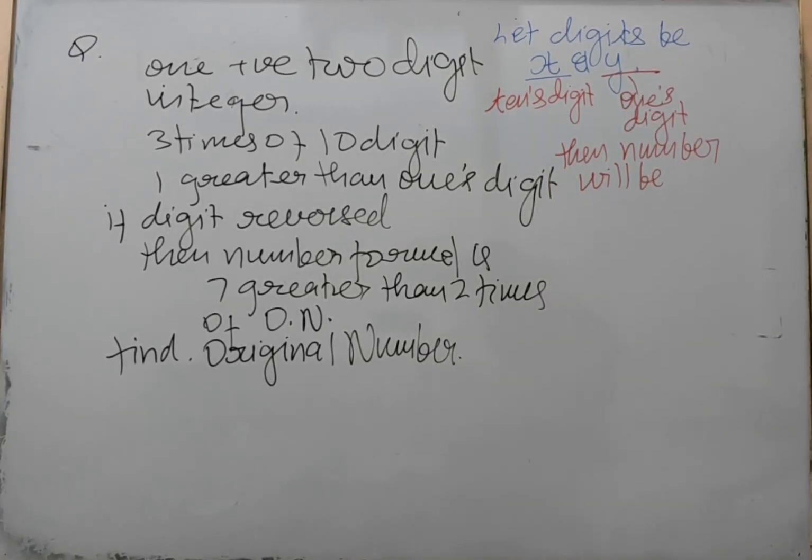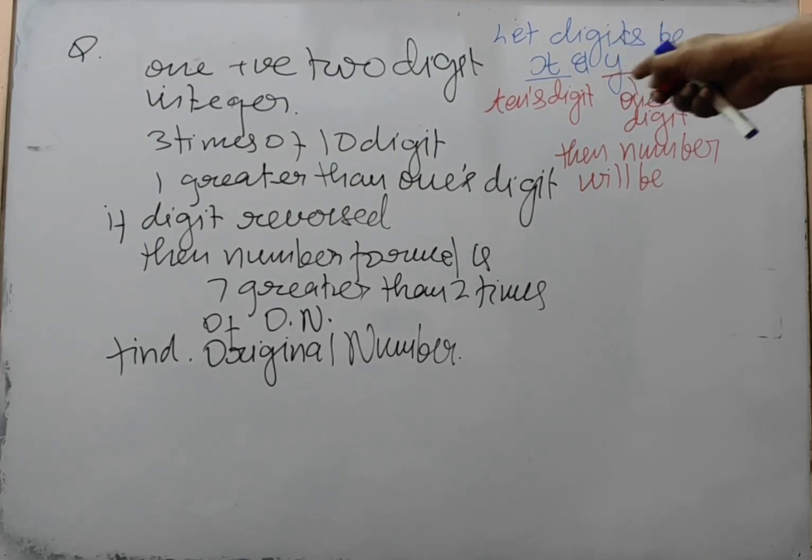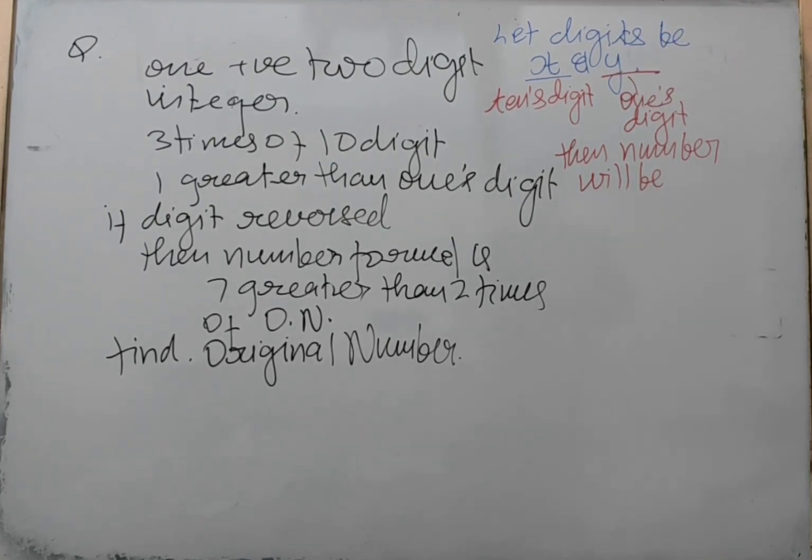Now you can see, x is the tens digit number and y is the ones digit number, right?